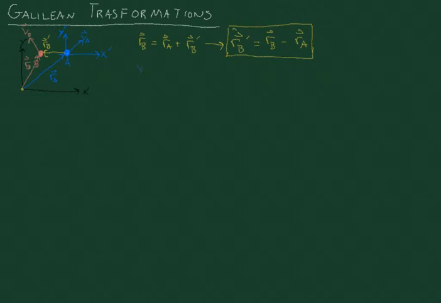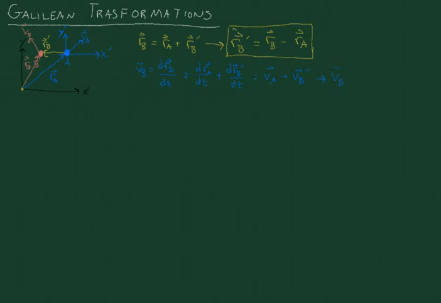Then we can say that the velocity of B is the derivative of RB dt by definition, which is the derivative of RA dt plus the derivative of RB prime dt, which we call VA plus VB prime.